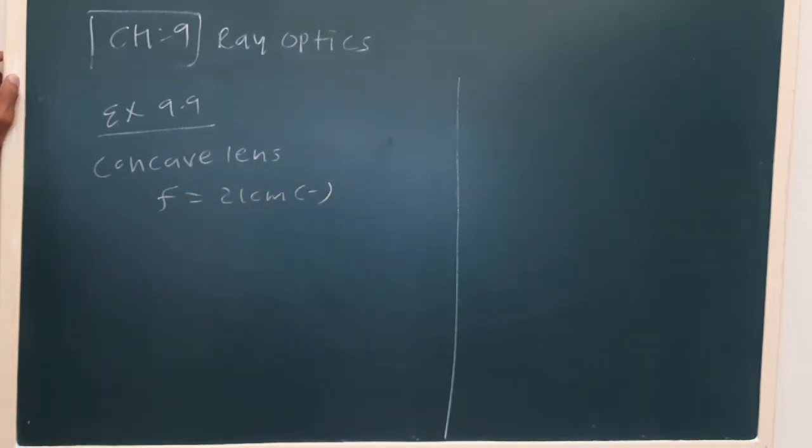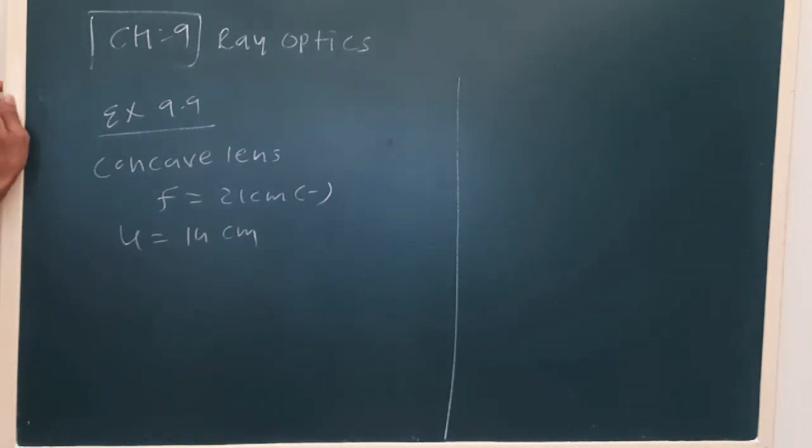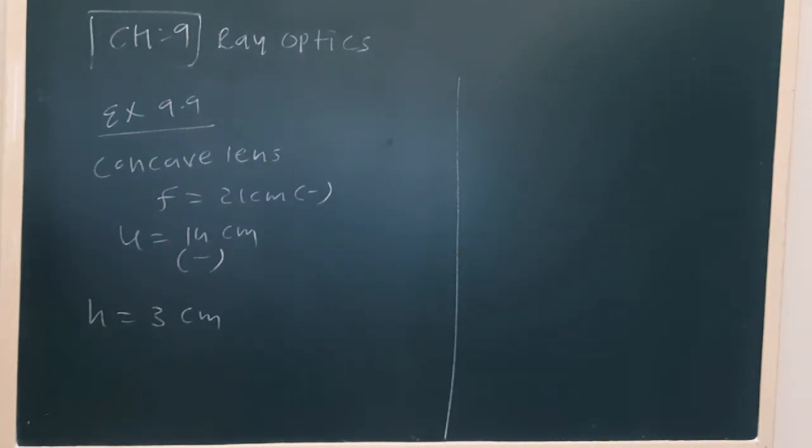As a convention, the concave lens focal length is negative. Object is placed at 14 centimeter. Our normal convention, the object distance is always negative. Height of the object is 3 centimeter. We have to find out the type, size and location of the image.